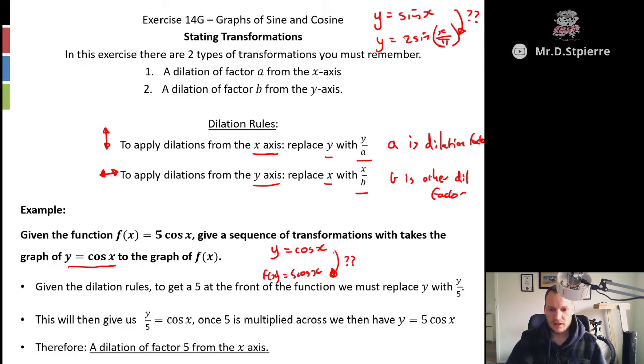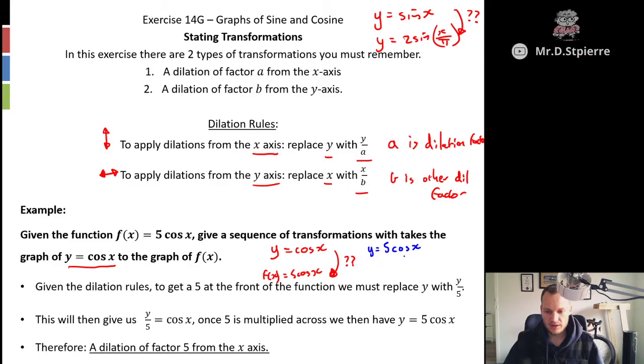Now, the thing to note here, if you remember back to transformations, we have effectively y equals 5 cos of x. This 5 isn't doing anything directly to the x or the y. It's not operating directly on x or directly on y.